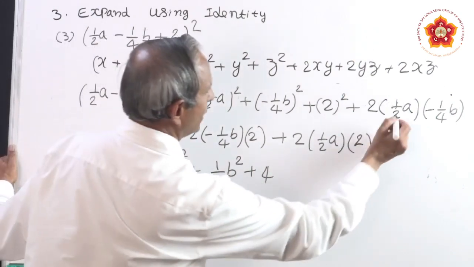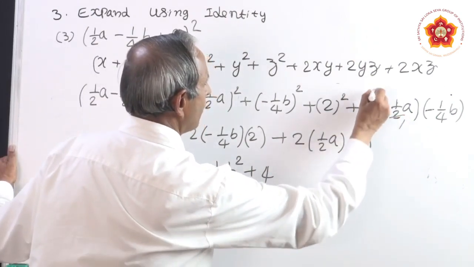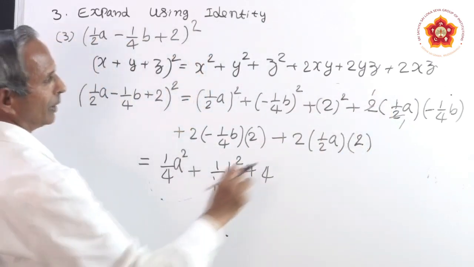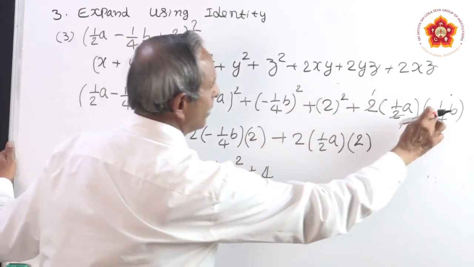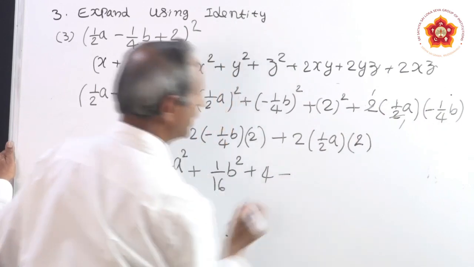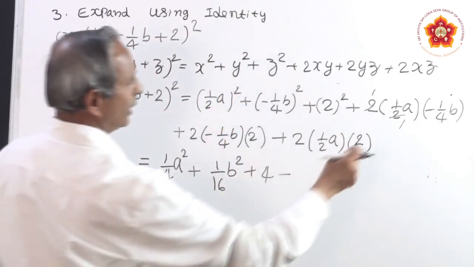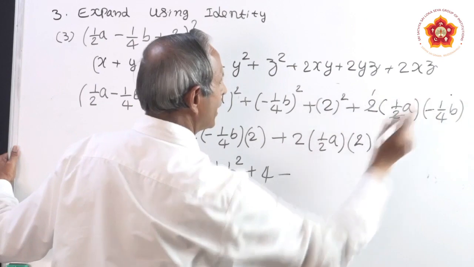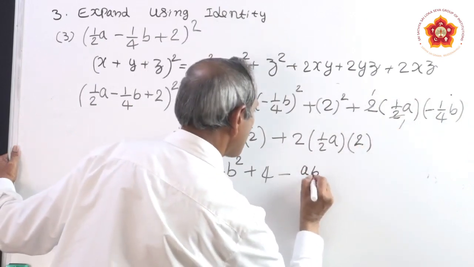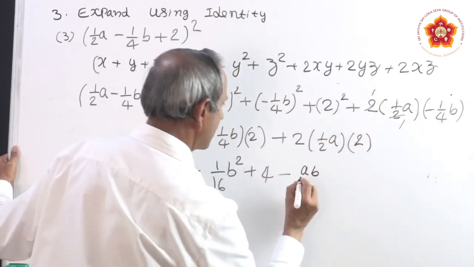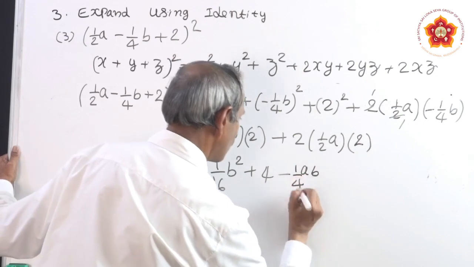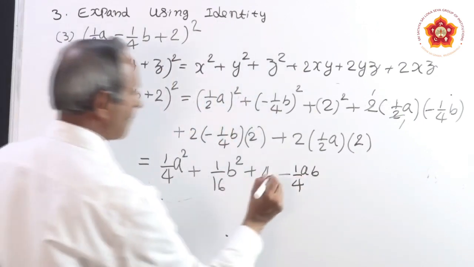Now we can cancel 2 ones. Then multiply the sign, here plus is there, here minus sign is there, you will get negative sign. Then in the numerator a into b is there, ab in the numerator, denominator 4 is there, you can write it as 1 by 4 ab.